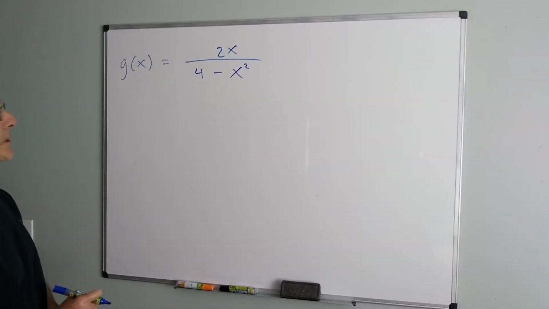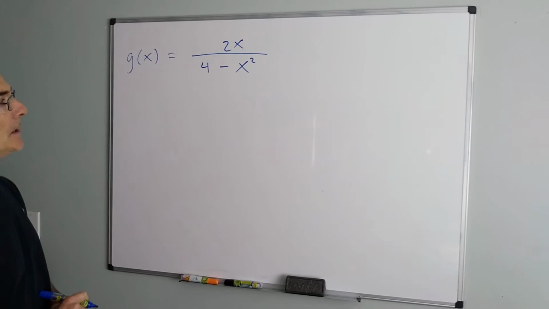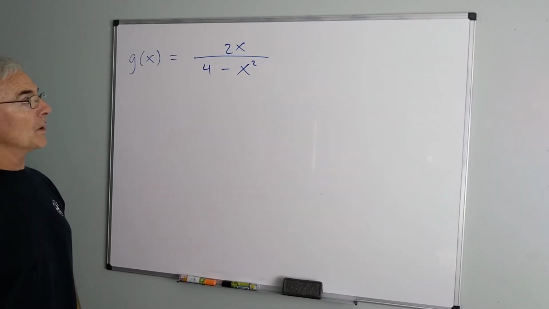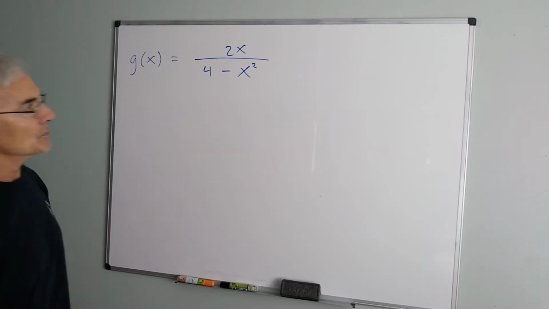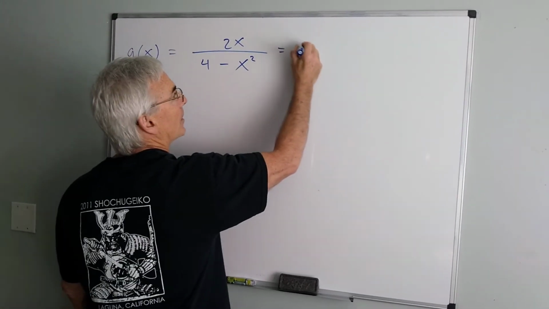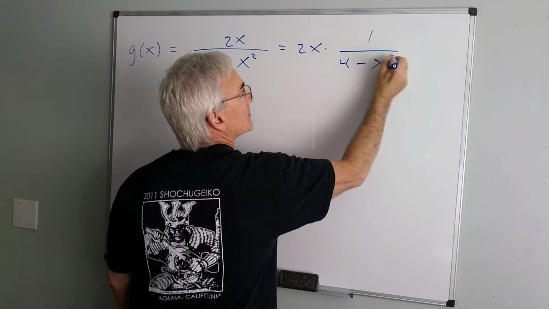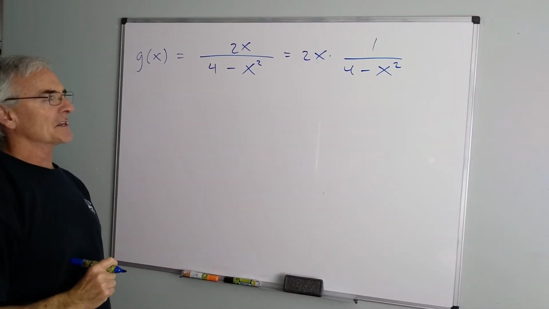Let's consider another example. This one a bit more complicated. The question is, can I make this look like the form 1 over 1 minus r? Well, the first thing I can do is factor out the 2x out of the top. But that 4 is kind of pesky.